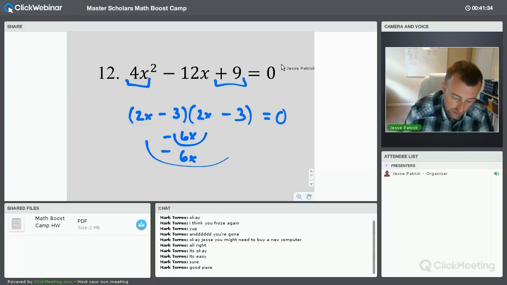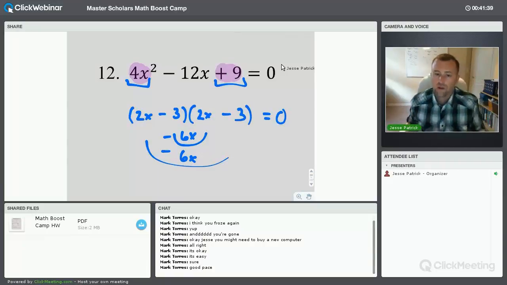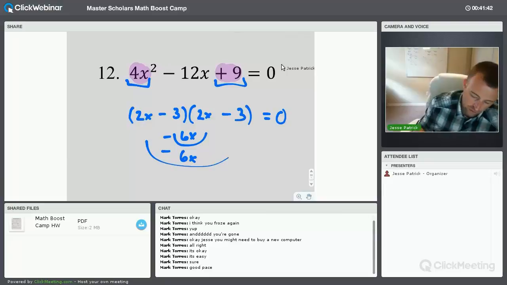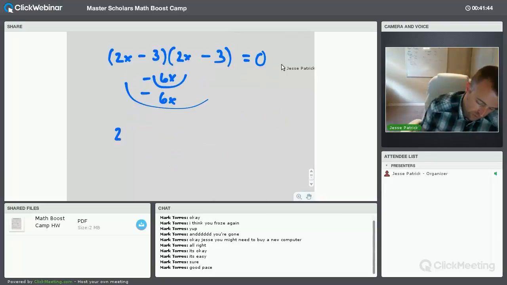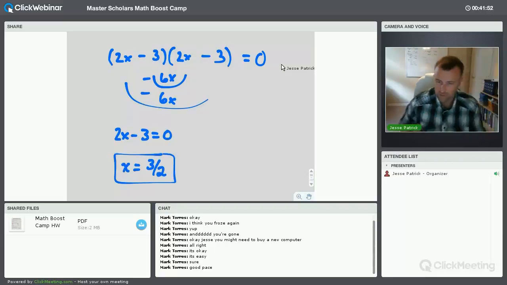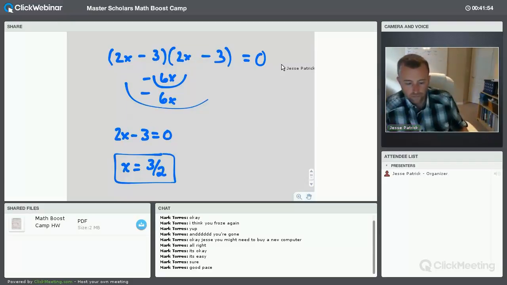So this one is also a perfect square. The way I catch it is I see a perfect square for the first term and the last term. So I'm going to test a perfect square factor first and make sure that works. So you're going to set 2x minus 3 equal to 0. X equals 3/2. It just has a multiplicity of 2, but who cares about that? We just need the answer.